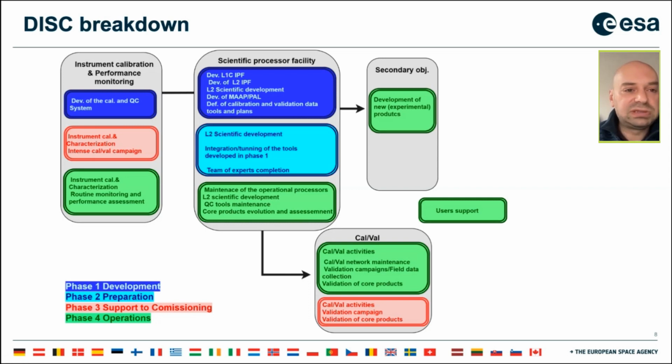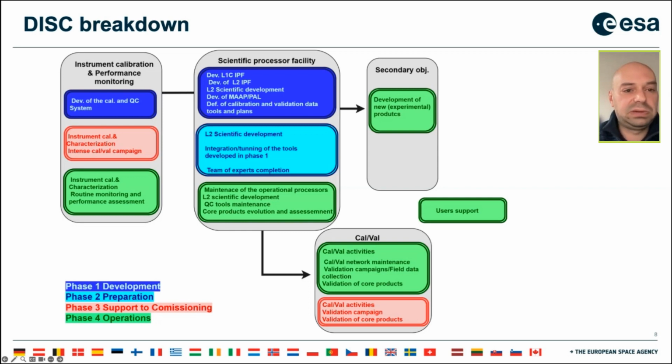In the development phase, of course, we have to ensure, what I was saying in my brief presentation, that all the tools and, more importantly, the processors that convert the raw data to the nice maps of the FLEX products will be developed in a timely manner.